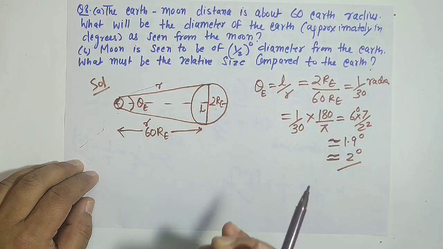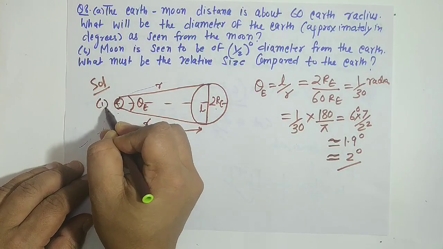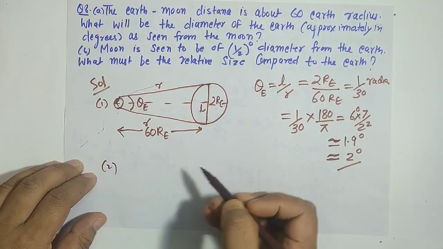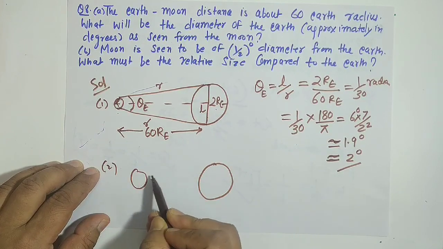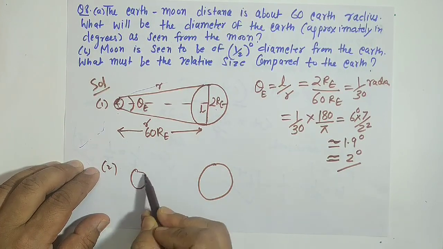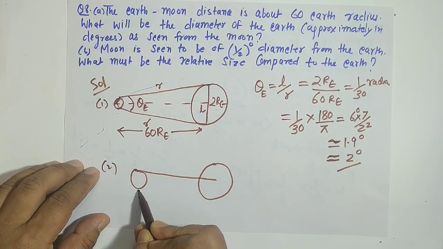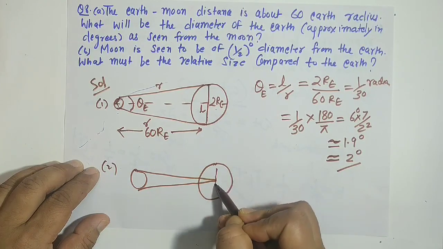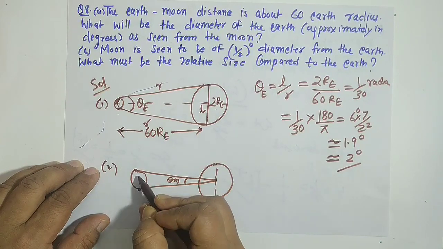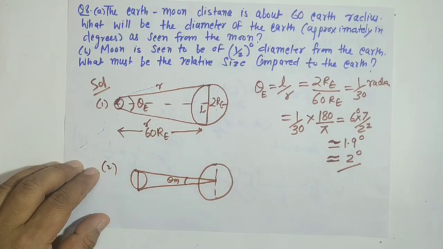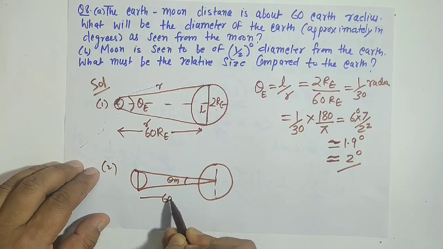And the second case is just the reverse of the first. Second is the same Earth, but this time this is Moon, and this is what? Making some angle. This is theta Moon, and this will be the distance, and this is the same 60 Re.